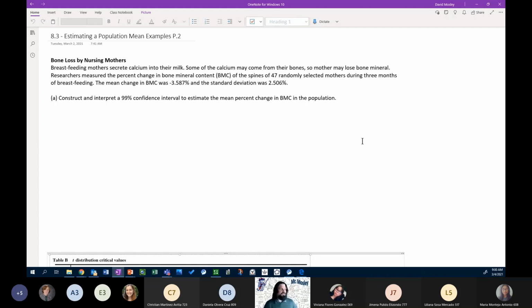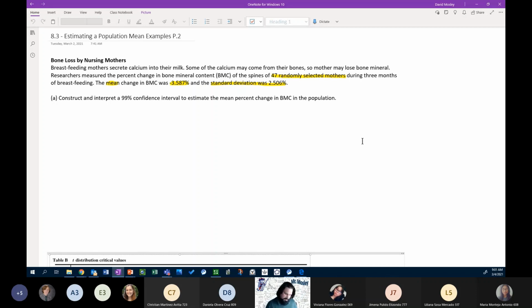The 47 randomly selected mothers is probably something we want to make note of. During 3 months of breastfeeding, the mean change in BMC was negative 3.587%. And that's our mean. And the standard deviation was 2.506. So this is what we get to start with here.